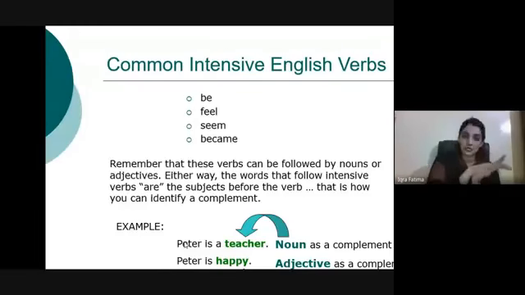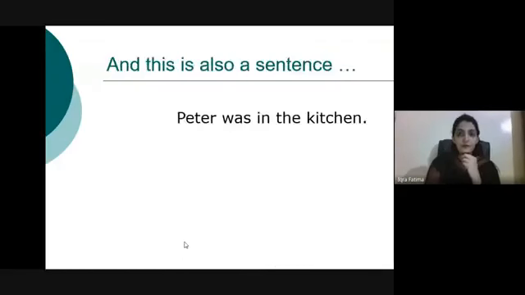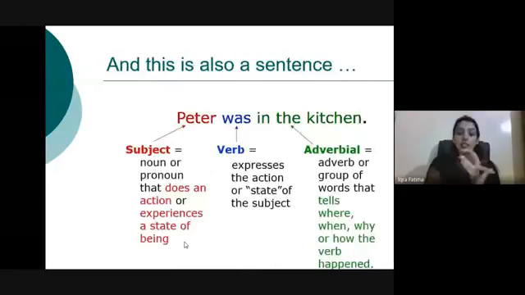Okay, so the first structure of a sentence is subject, verb, and object. The second structure of the sentence would be subject, verb, and complement. Now, the third structure of the sentence is subject, verb, and adverbial.